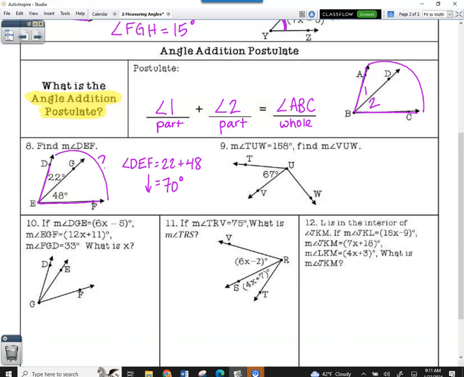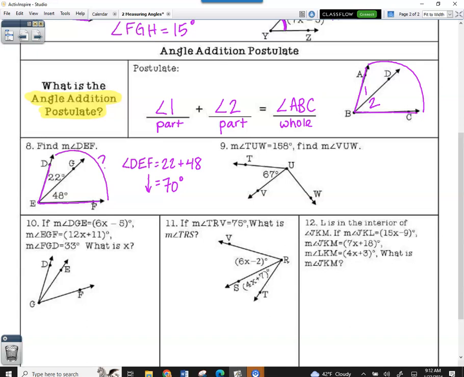All right, look at number 9. We have angle TUW is 158. Find angle VUW. Then we have a 67 in the picture. Take notes on your picture. Label what's 158. Label a question mark on the goal.